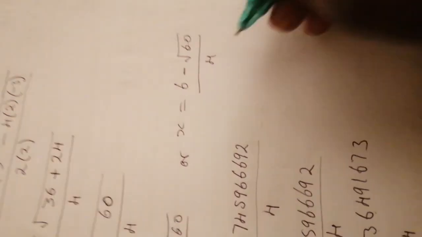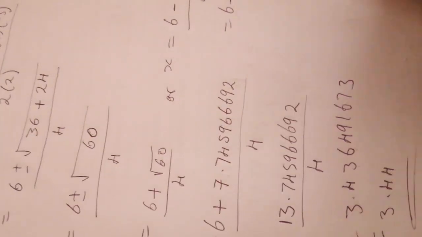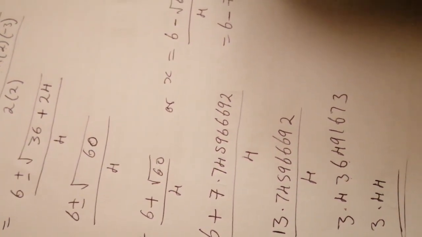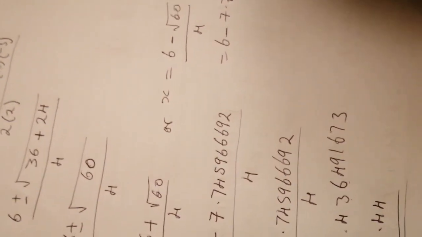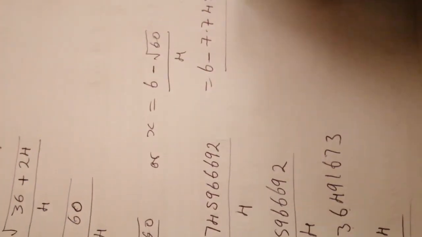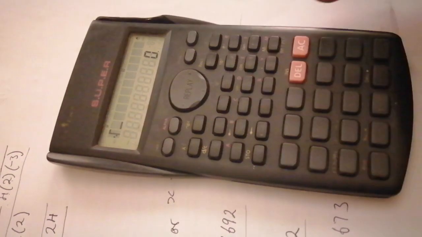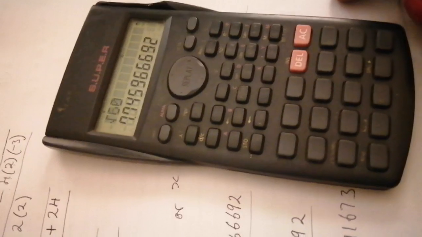Or when we use minus, we'll have 6 minus square root of 60. We found it here, 7.7459666692 divided by 4. Okay, so this time we are subtracting. So we have square root of 60, that one.